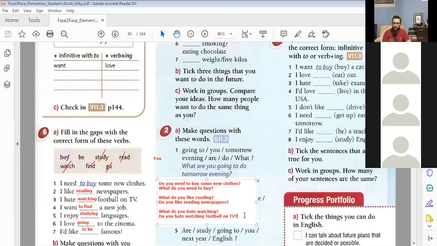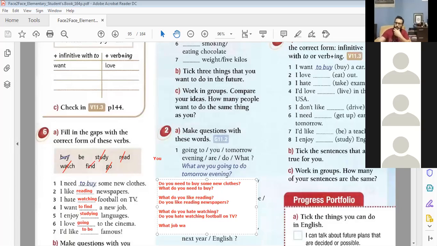Okay, Rashid, what about number 4? How can you make it into a question? What do you want to find? Okay, you didn't finish it. What do you want, or what job? I want to find a new job. I think maybe what do you want to find, or what job would you want? I don't think we can use the same thing.